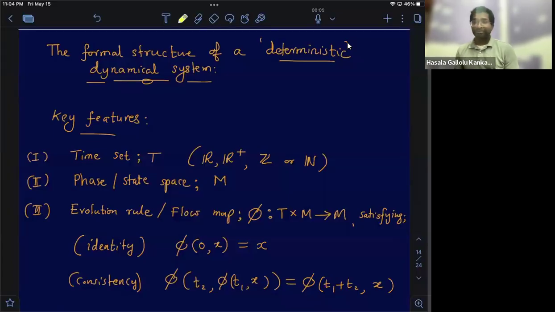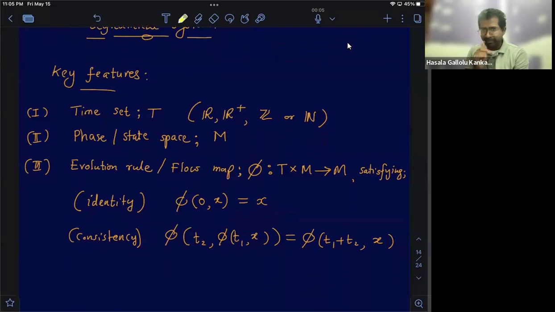So we are going to be playing with the real number set or positive real numbers depending on what scenario it's going to be, and the state space, I mean M, is well known. You're familiar with that.